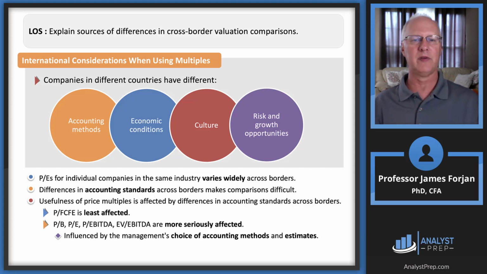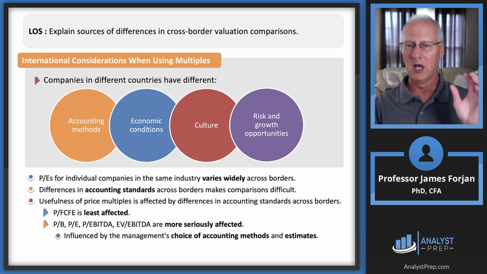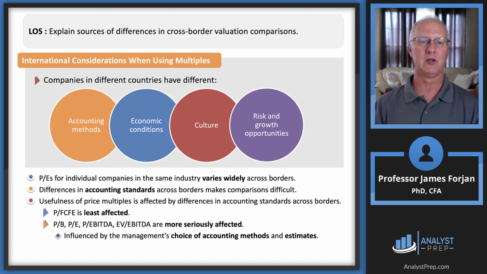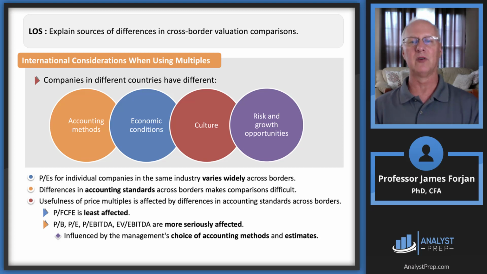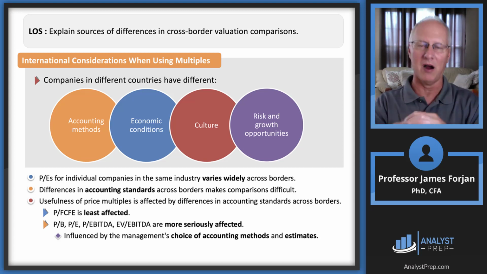So PEs for individual companies in the same industry vary widely across borders. So if you have two chocolate companies in two different countries that have PE ratios of 20, they're probably not identical PE ratios. And that could be for a variety of reasons, but one great reason is differences in accounting standards. But then again, you should say, wait a minute, Jim, didn't we have that entire reading on the international standards and US GAAP and how they're trying to merge together? And yet they are merging, but they have not totally merged.